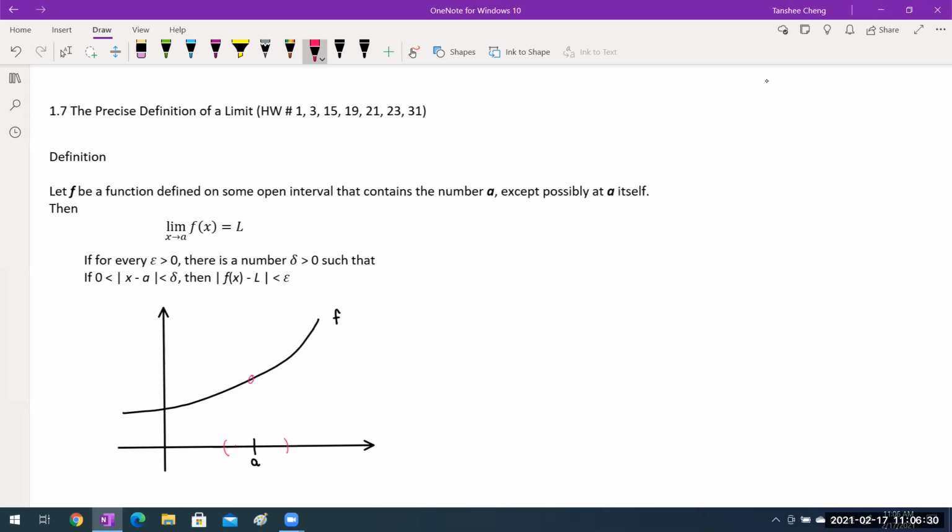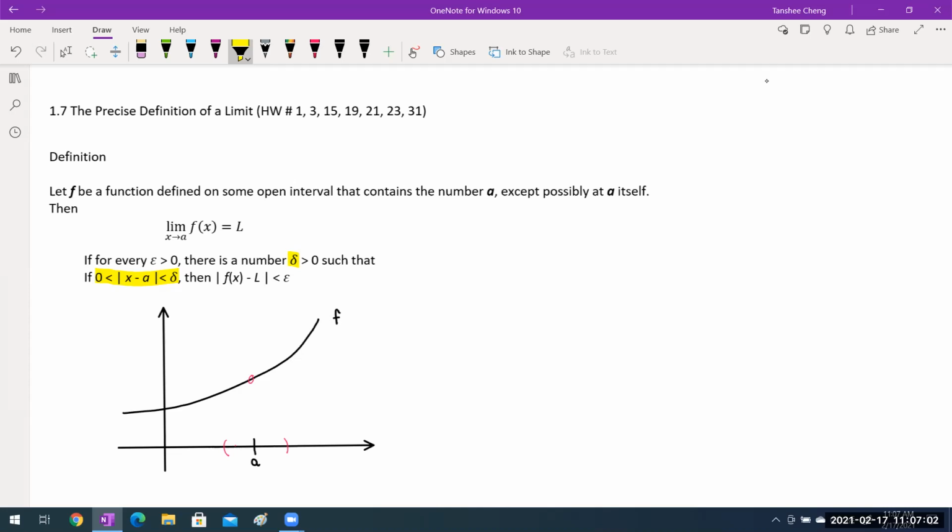When the x value is very, very close to a, that's what this part of the mathematical statement refers to. The absolute value of x minus a is the distance between x and a. To indicate that this is a very, very small number, we use an arbitrary number delta, a very, very tiny number. That's what delta represents in this case.